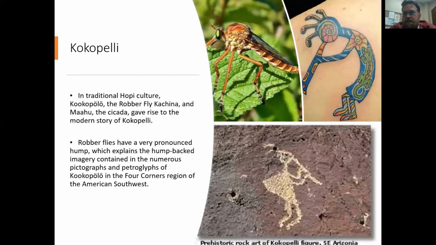Some interesting, again, historical note. There was a figure or an image that became very popular maybe 20 years ago and maybe a little bit more, of this figure called Kokopelli, which is a figure in Hopi culture. In Hopi culture, Kokopelli was a fertility deity, both for fertility and for agriculture.